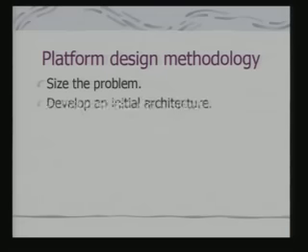So, what is the methodology? Size the problem. What does that mean? That means you define an application, look at the space of possible applications, okay, and then have an assessment of the size of the problem space.